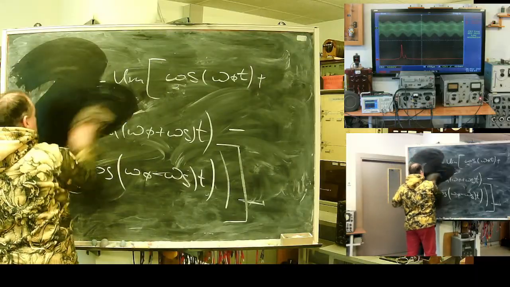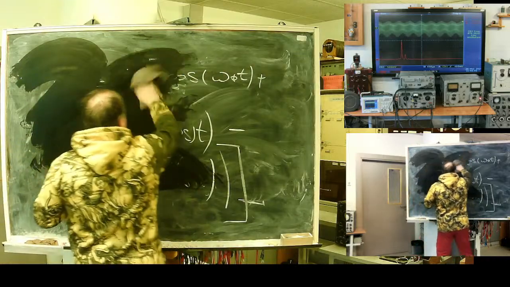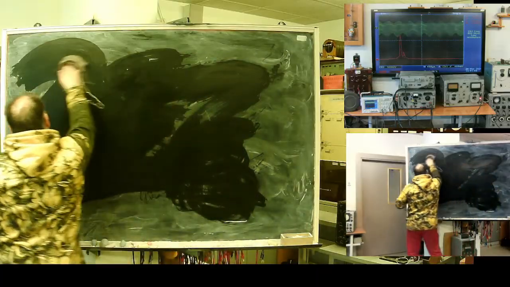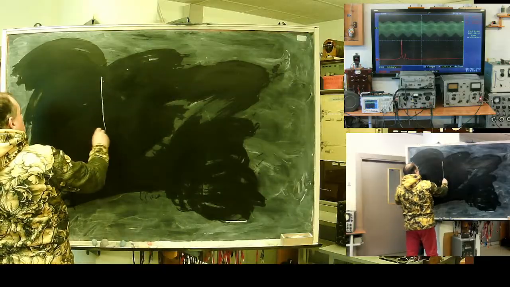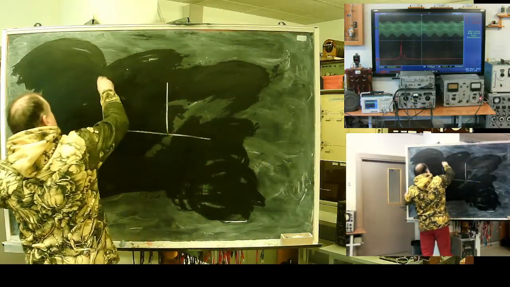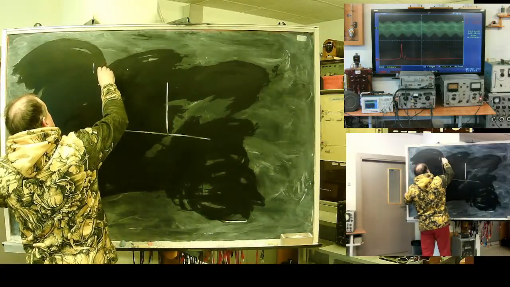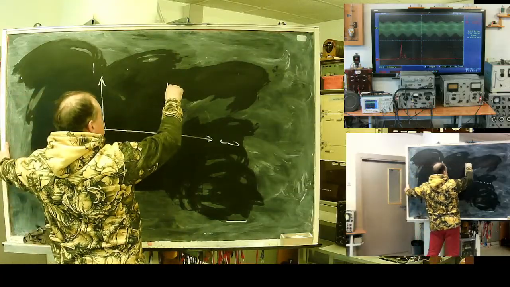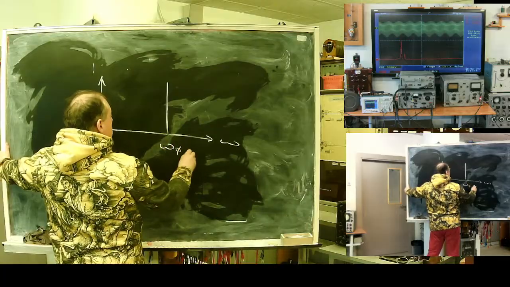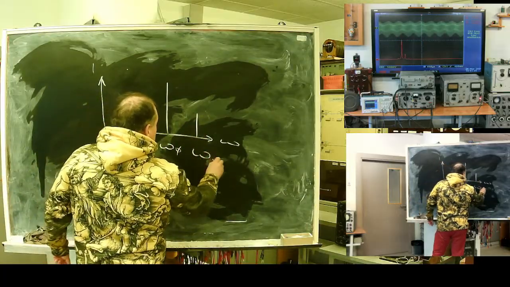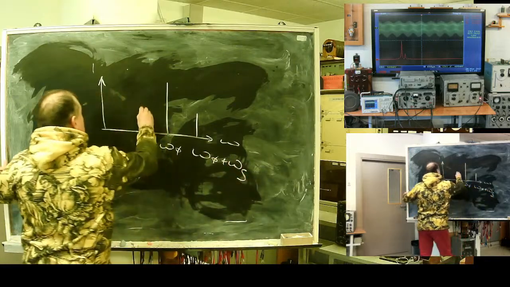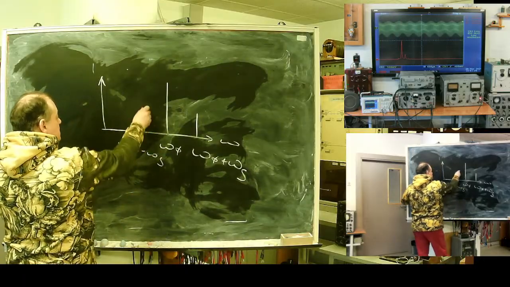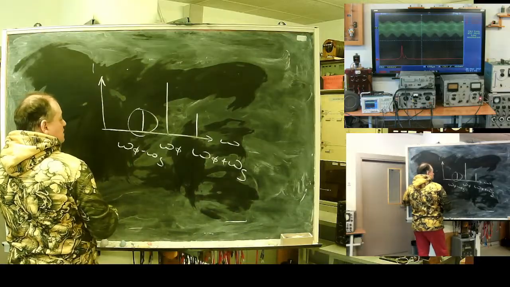So small deviation just inverts one of the sidebands of the amplitude modulated signal. The magnitude of components: omega 0, omega 0 plus omega signal, omega 0 minus omega s. And this one should be inverted.